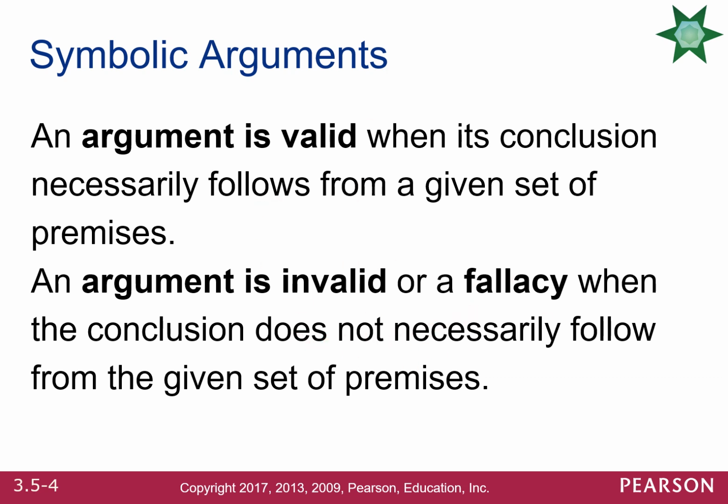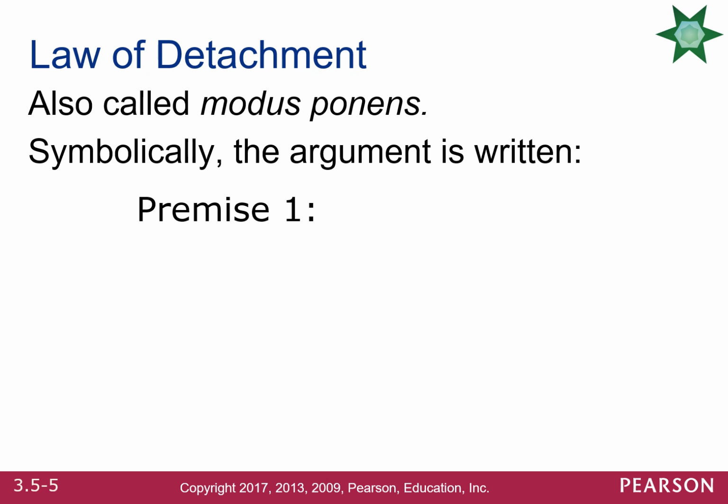When validating arguments, we use different laws based on the way the argument is set up. Remember that arguments consist of a set of premises followed by a conclusion. The first law that we learn is the law of detachment. In Latin, it's also called modus ponens.